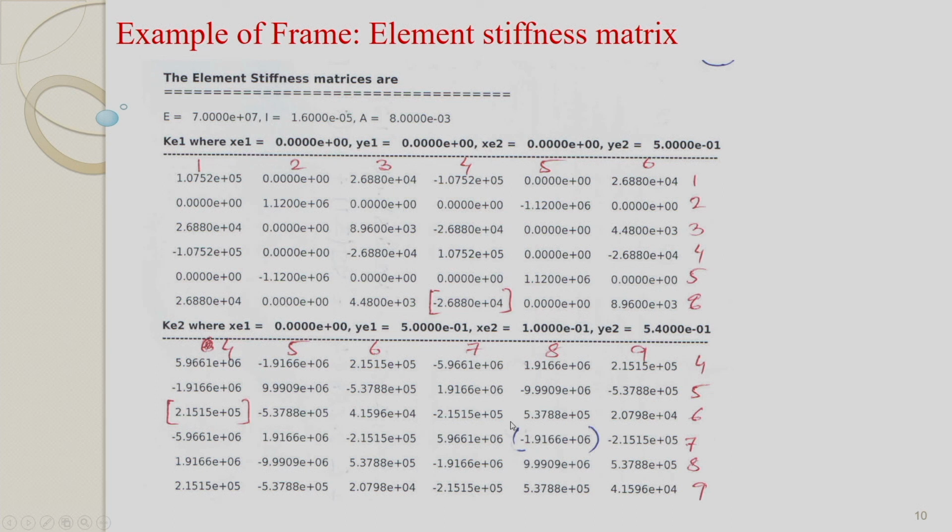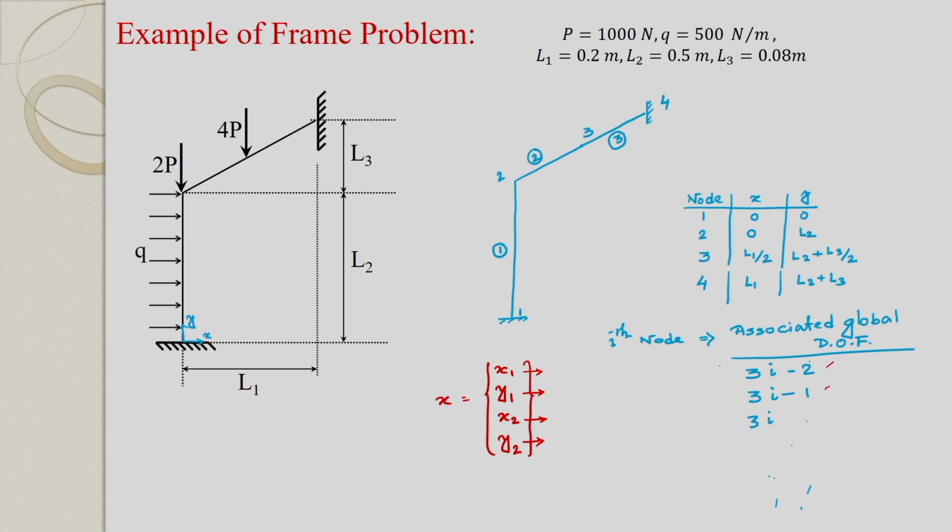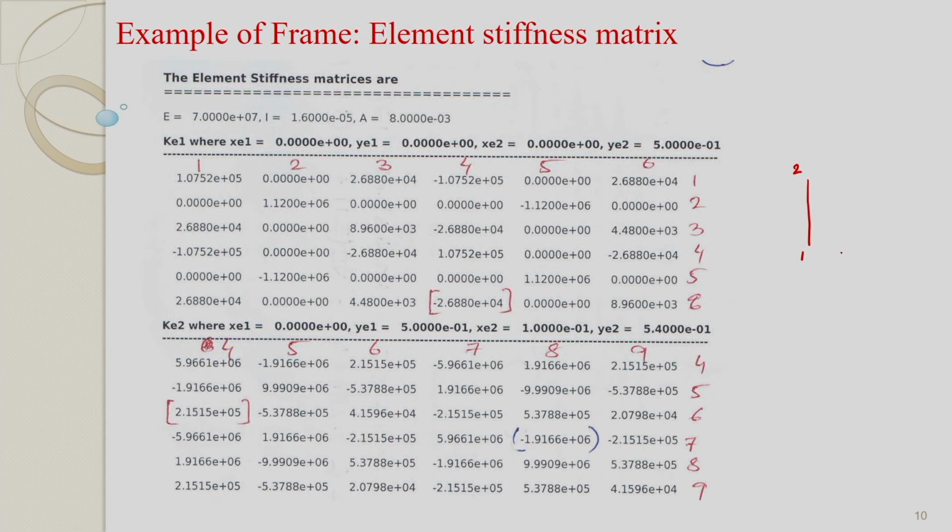Now, for first element, our associated nodes are node 1 and node 2, and as we have mentioned, we have 3 degrees of freedom per node. For ith node, these are the associated degrees of freedom. So, for first node, the associated degrees of freedom are 1, 2, 3, and for second node, it is 4, 5, 6, using 3i minus 2, 3i minus 1 and 3i.